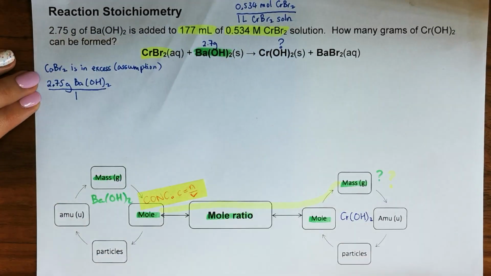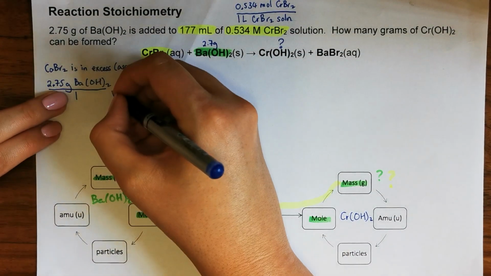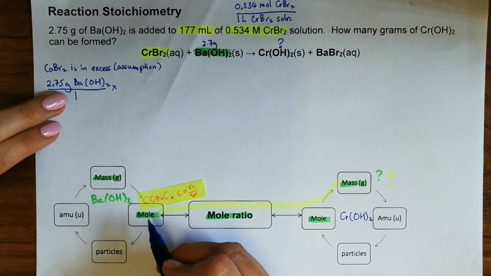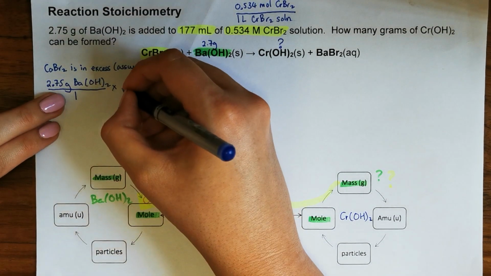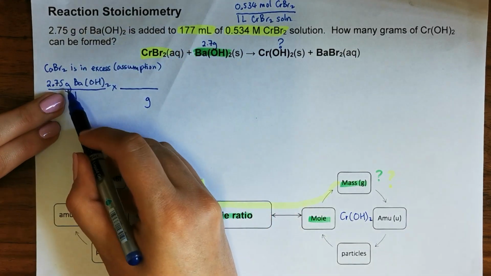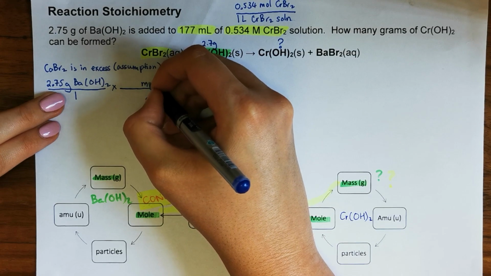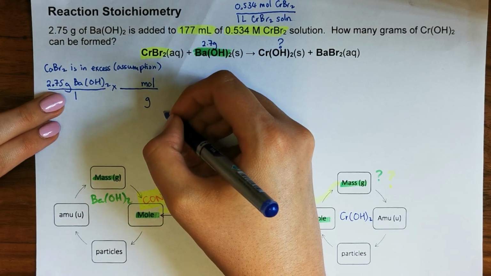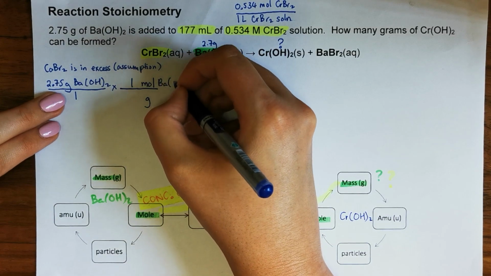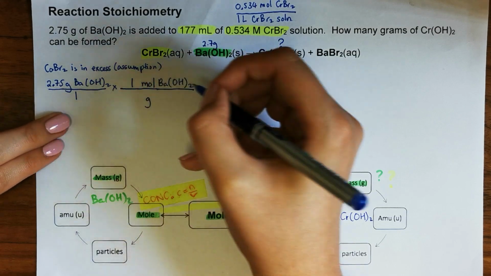So here we have it over 1. If we've got grams of barium hydroxide and we want to move to moles, we know we need to use the molar mass. Grams at the top to cancel out with those grams. Moles at the top. Okay, 1 mole of barium hydroxide weighs how many grams?